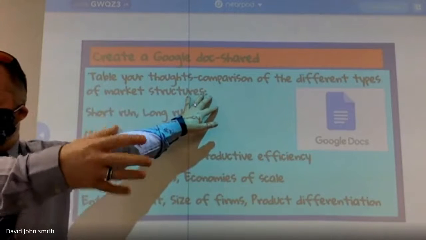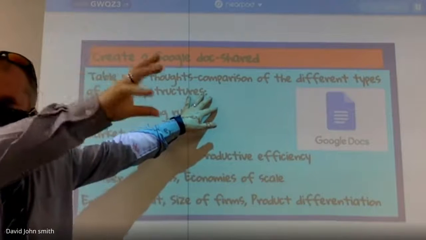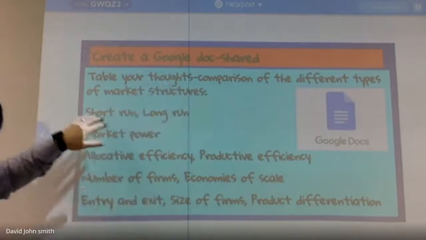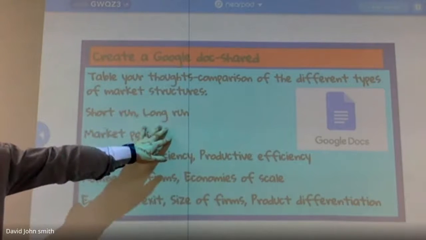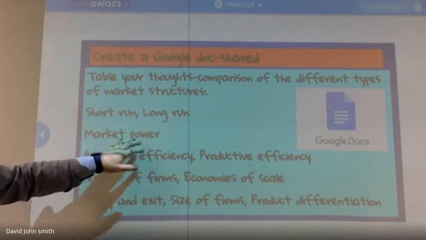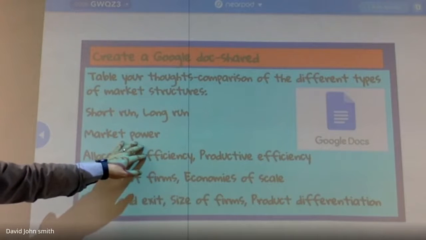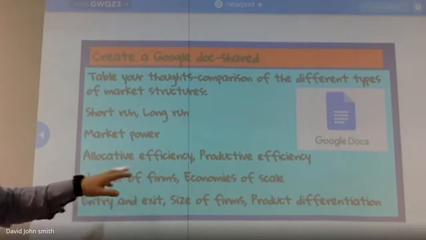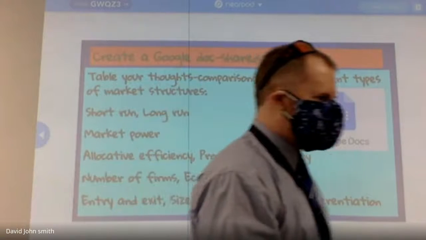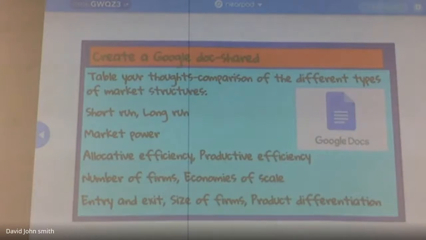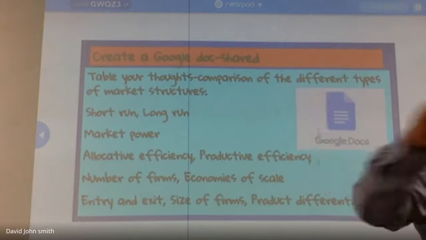Short run and long run, discussing the level of market power within each of them, discussing allocative efficiency, discussing productive efficiency, and it's all next to each other, so like one strip of the table, if you will, one row.